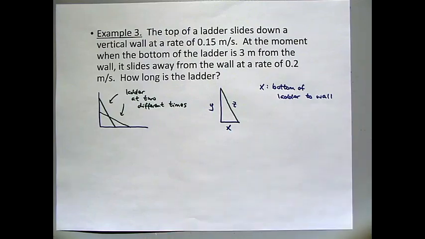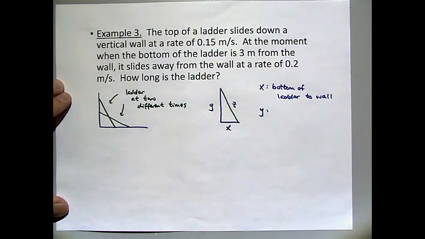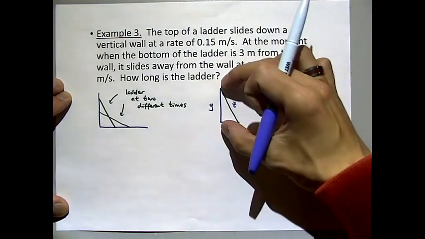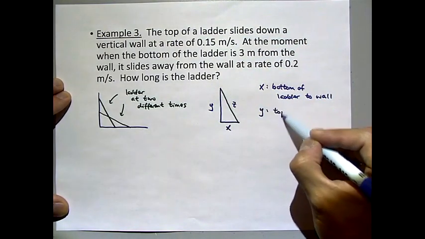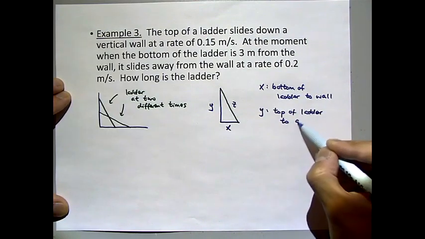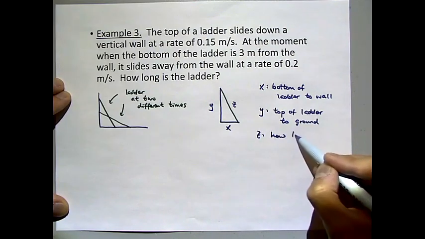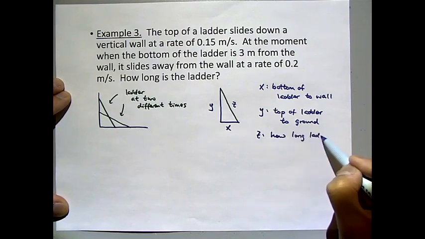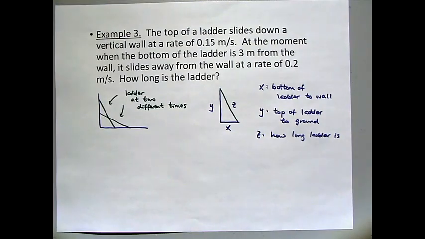So if you're given a problem where the units are not consistent, always make them the same before you do anything. Y here is representing the distance from the top of the ladder to the ground. And Z is just how long the ladder is. X and Y are changing, but Z is not changing. That's how long it is, it cannot change.